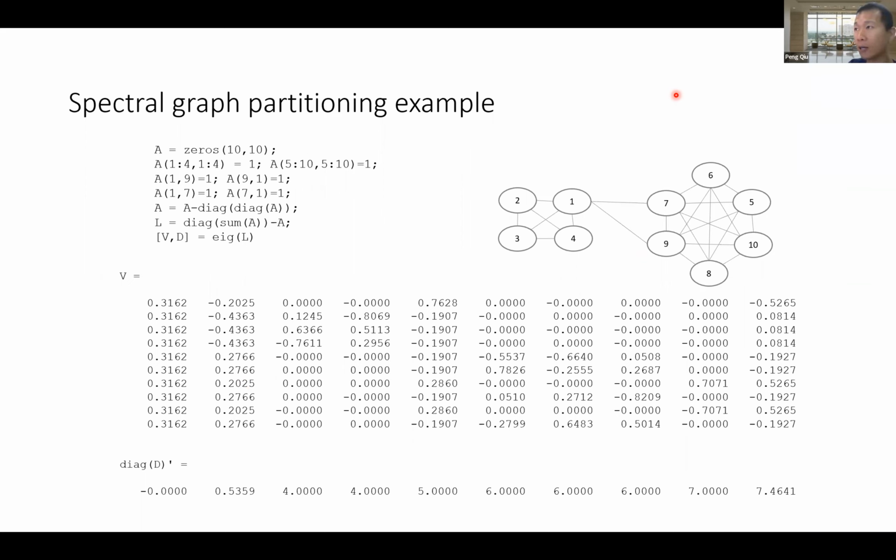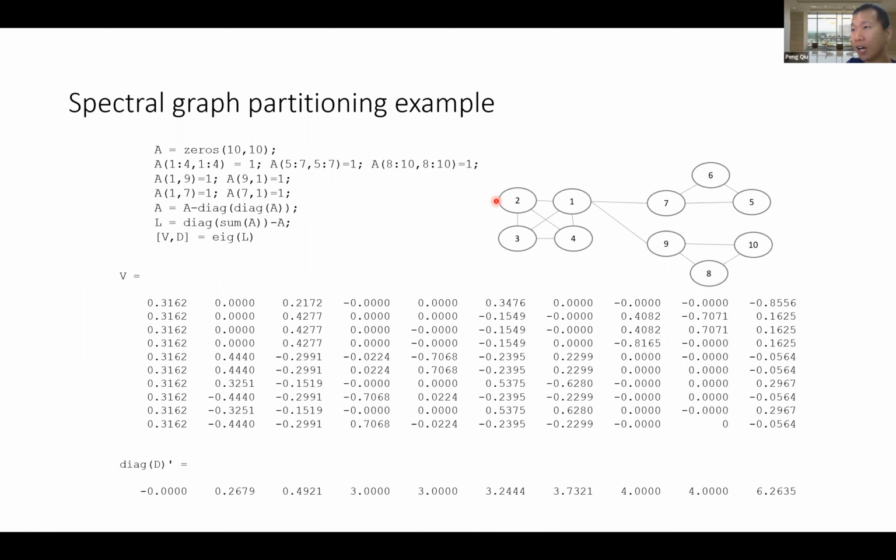Okay, and this is the example showing that. And now here is another example where there seem to be multiple different ways to cut the graph into two pieces. And again, only one eigenvalue is 0. For the second smallest one, if we look at its corresponding eigenvector, nodes 7, 8, 9, 10 are negative and the others are positive. So it's suggesting a cut here, which is also a pretty appropriate cut.